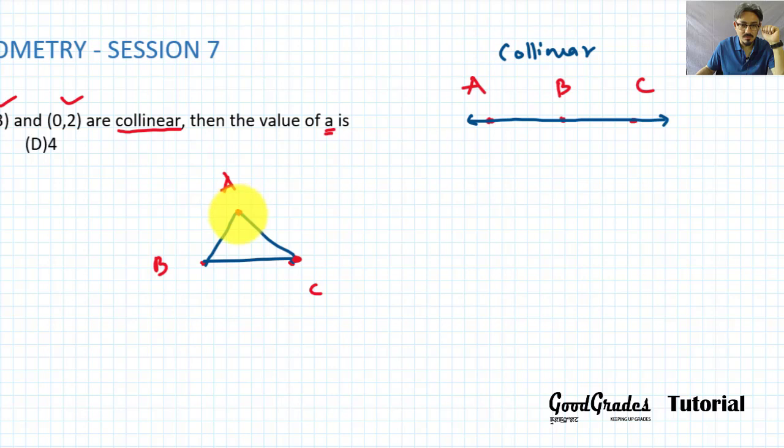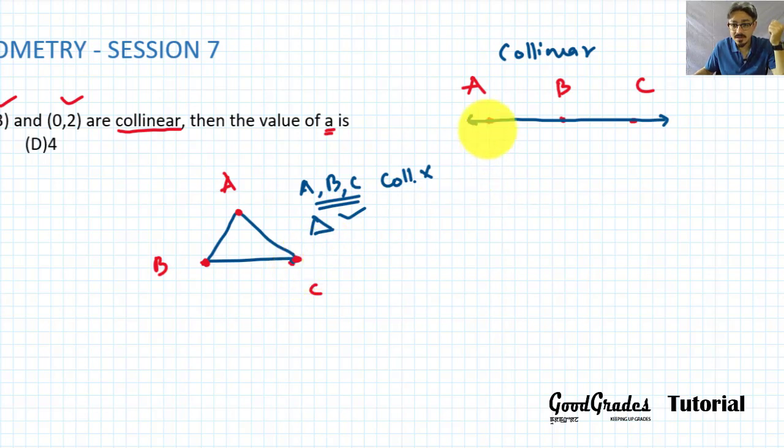Here, observe that the points A, B, C are not collinear; they do not lie on one line. If A, B, C are collinear and lie on a single line, they would not be able to form a triangle. Let me repeat once again: a triangle forms only from non-collinear points.